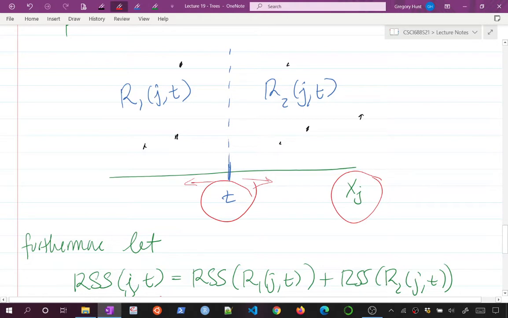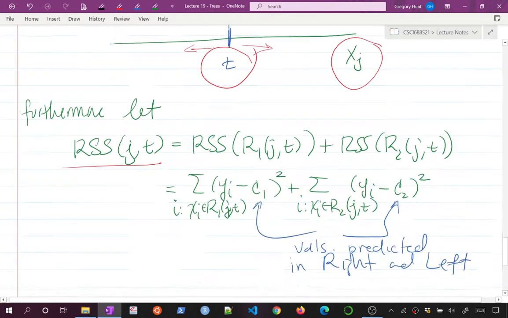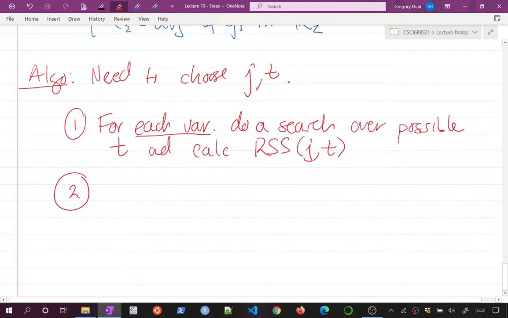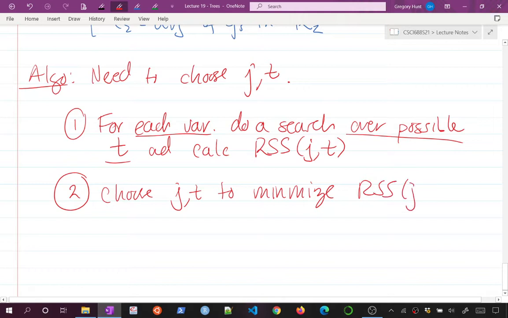We're just going to scan t back and forth over this axis, and calculate the RSS for each possible split of this variable, j, t. And two, not only do we search over the possible values of t, we do it over each variable. So for each variable and over the possible t, we're going to calculate this, and then choose j and t to minimize this RSS. It's not that much more complicated than that.